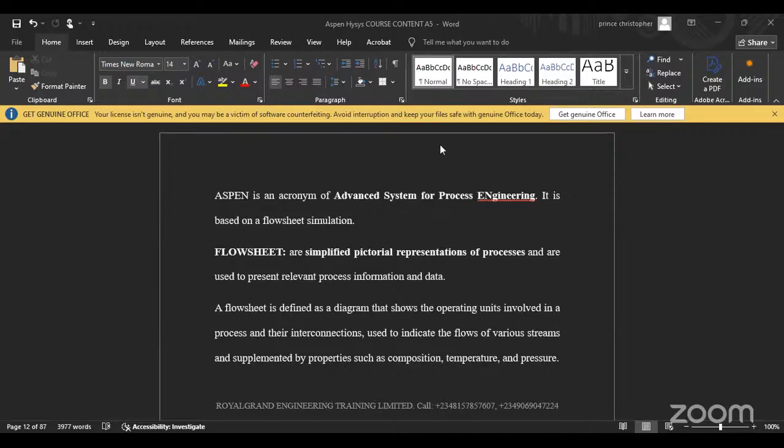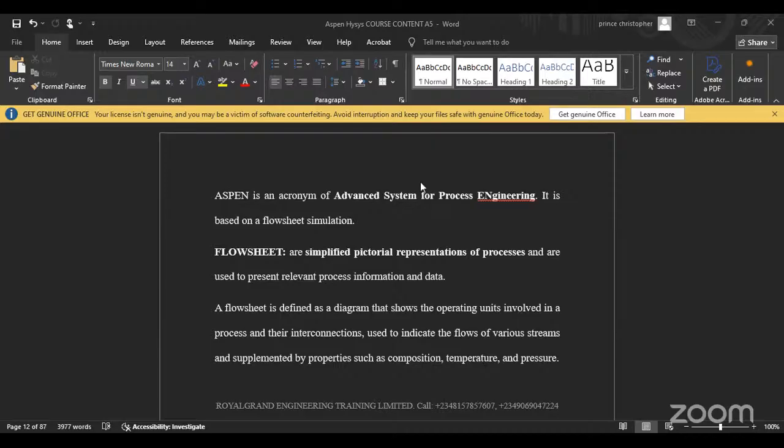By definition, a flow sheet is a simplified pictorial representation of a process, and it's used to present relevant process information and data.